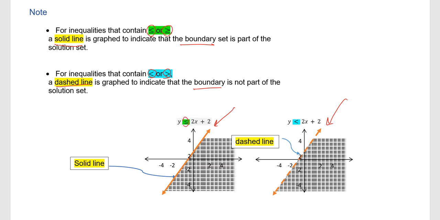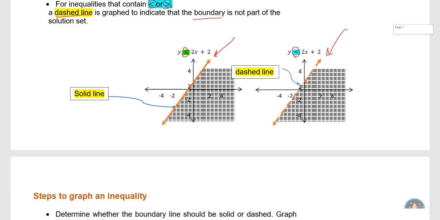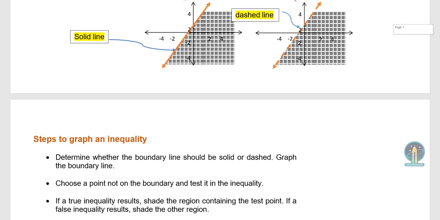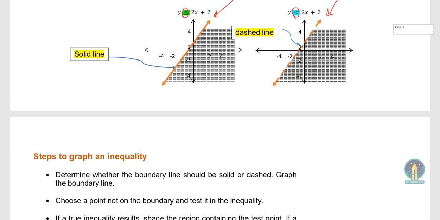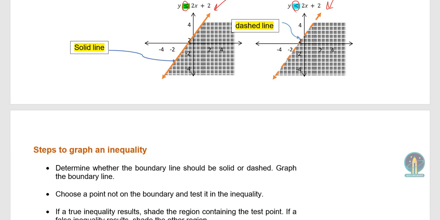Since this one has the equal sign, you indicate the boundary with a solid line. Here, since it doesn't have the equal sign, you indicate the boundary with a dashed line. Very straightforward. So the main technique is that you convert the inequality to the equation of a line.